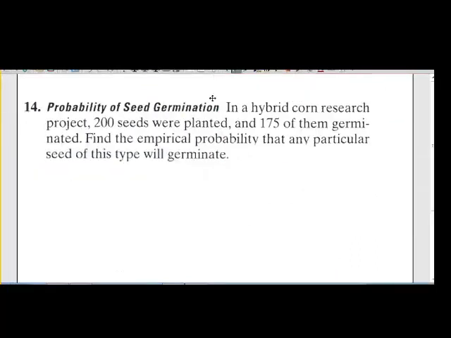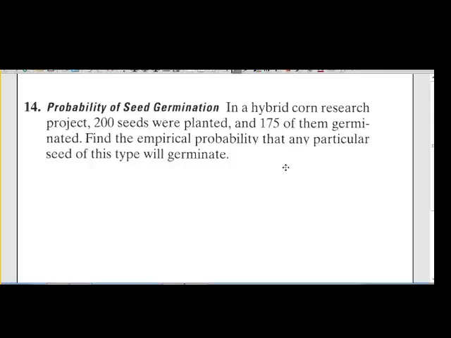Okay, let's move on to something different. These to me seem very simple, but hopefully they are to you as well. So this is problem 14. In a hybrid corn research project, 200 seeds were planted, 175 of them germinated. Find the empirical probability that any particular seed of this type will germinate.